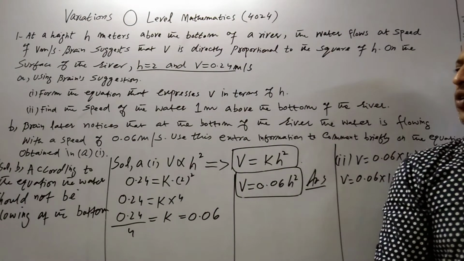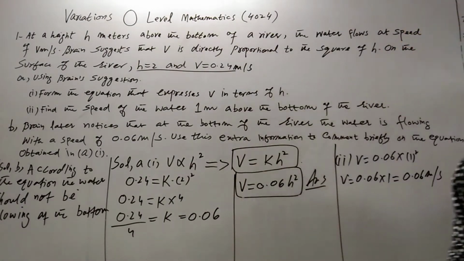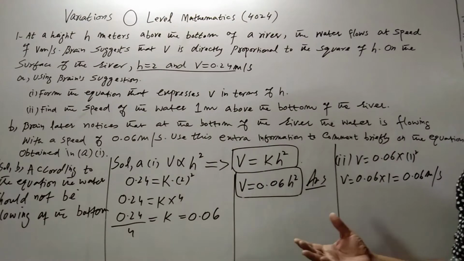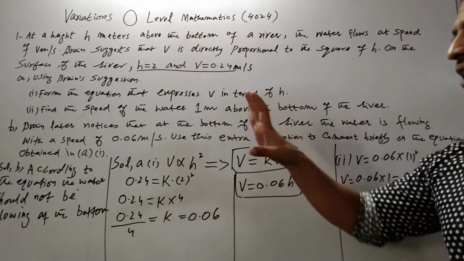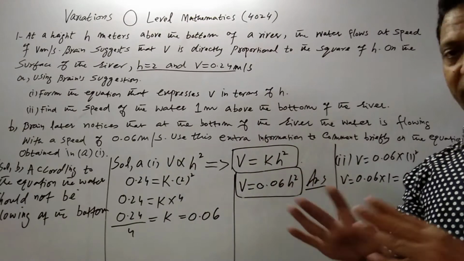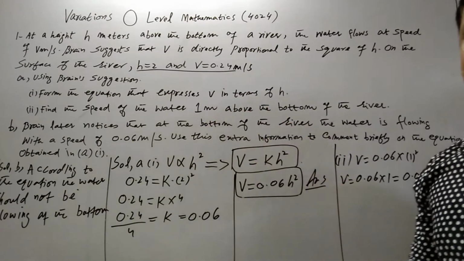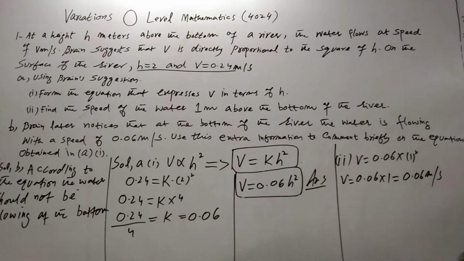Okay, I hope you understand this word problem. It's very, very easy. Word problems are always easy if you make the correct requirement, the correct situation and the equation as well.